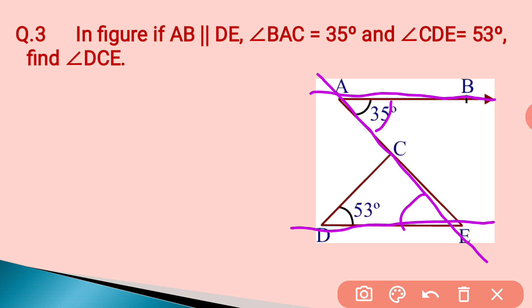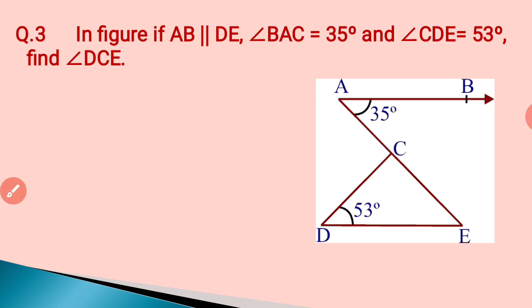One of the angles is 35, so the other will also be equal to 35. This is how we will get the measure of angle CED and it will be 35 degrees. So let us find it out stepwise.